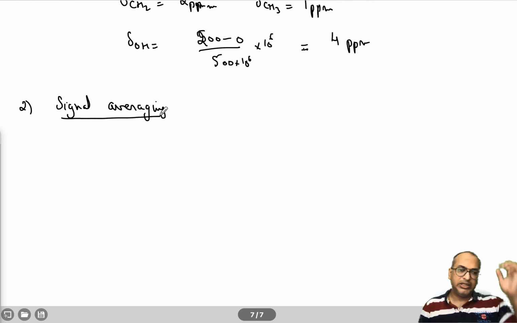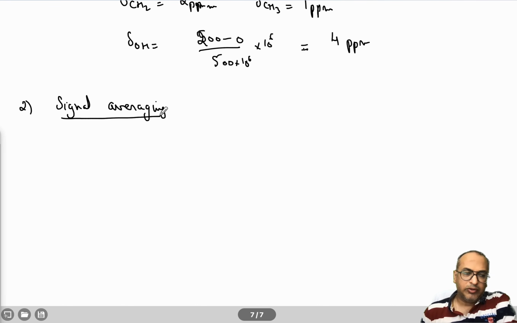Okay, so what is signal averaging? To understand signal averaging, we need to understand what noise is. We already know that the NMR signal is very weak because of the low population difference, or low population excess, in the ground state.